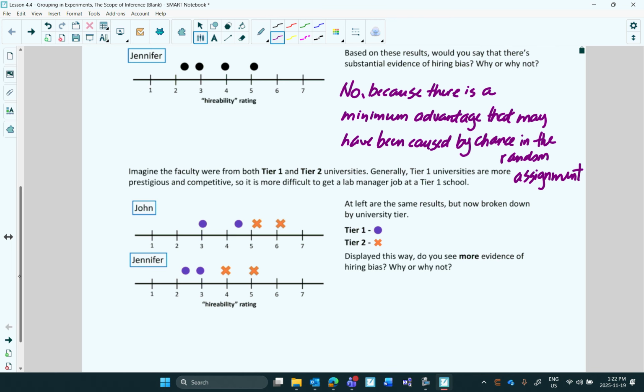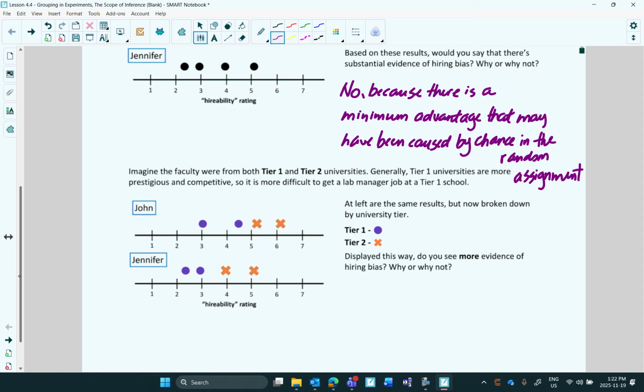So before we look at the entire picture of all the faculty members, let's break it down by tier 1 professors and tier 2 professors. And we can see here are the tier 1s. They've rated both of them lower than the tier 2s.